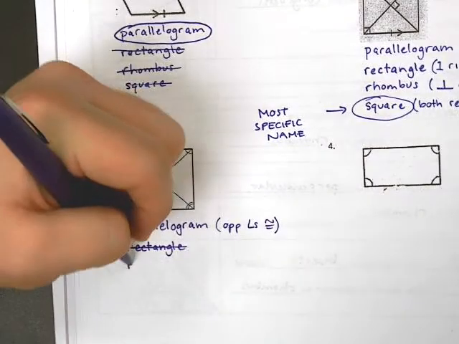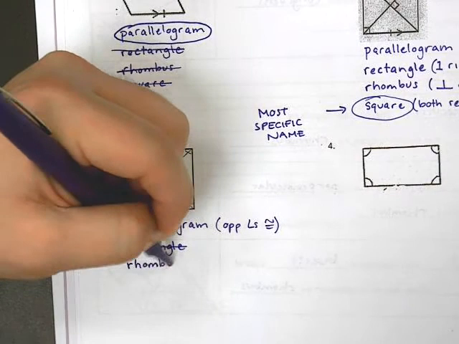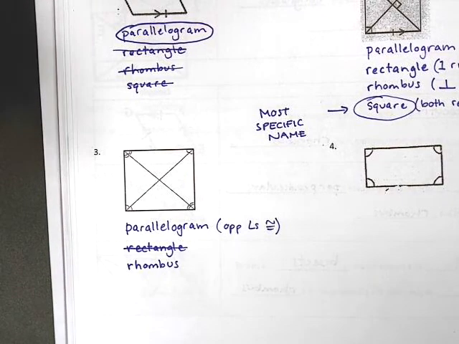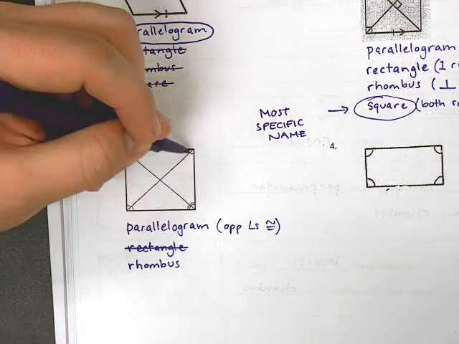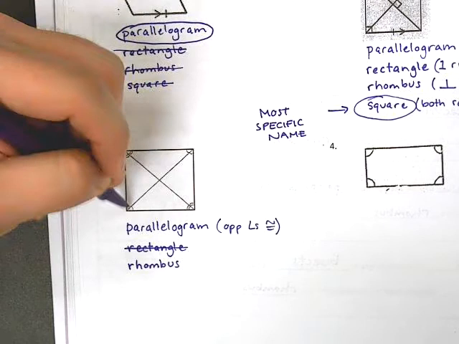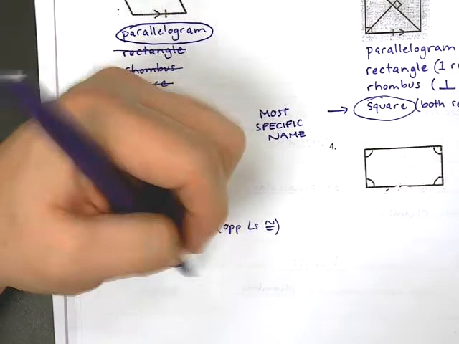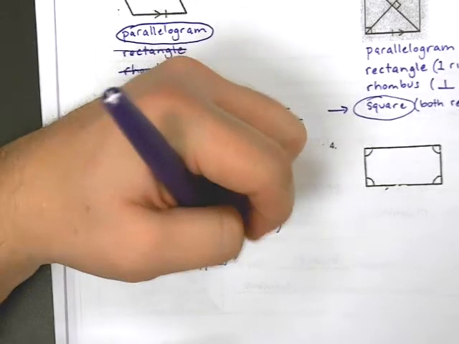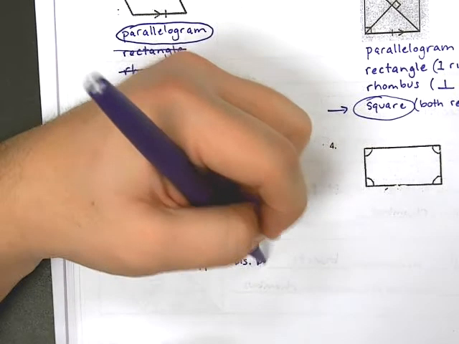Let's check rhombus. We know that rhombuses need to either have all sides congruent, diagonals perpendicular, or that the opposite angles are bisected by a diagonal, and that is what I'm seeing, right? Congruent, congruent, congruent, congruent. Yep, this is a rhombus because opposite angles are bisected by a diagonal.